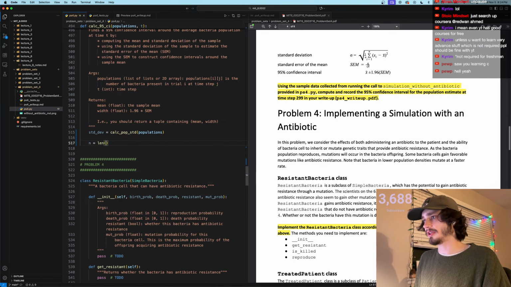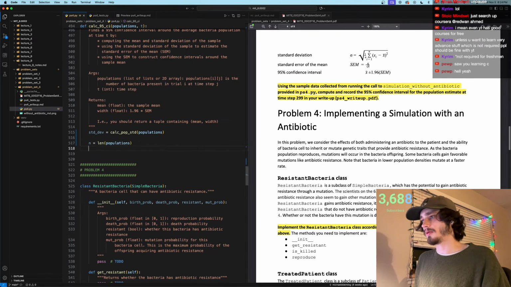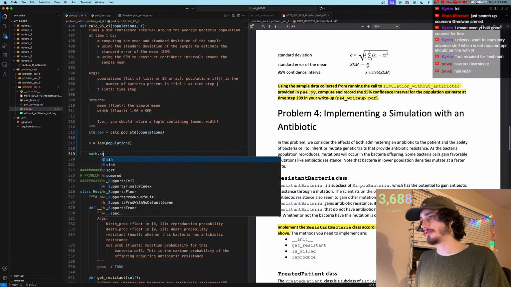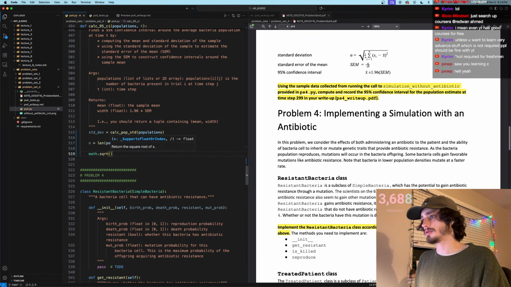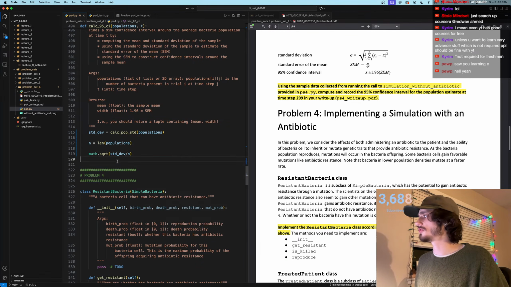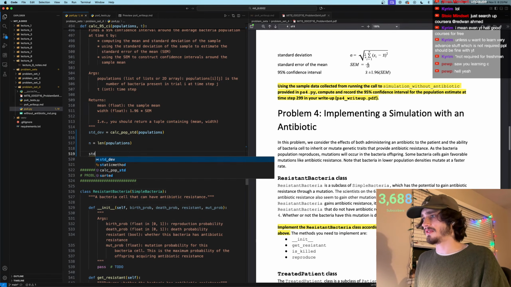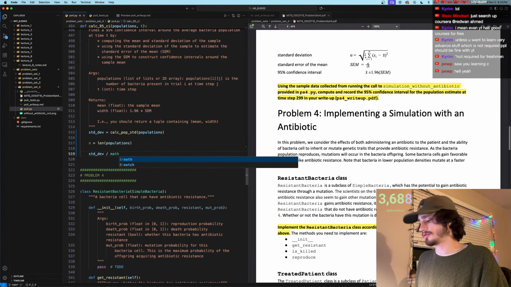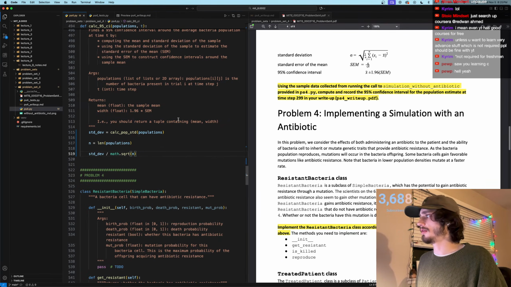So n is equal to the length of populations, and then we're going to do the standard deviation over math dot square root on n here. And then, this is called the SEM, standard error of the mean.